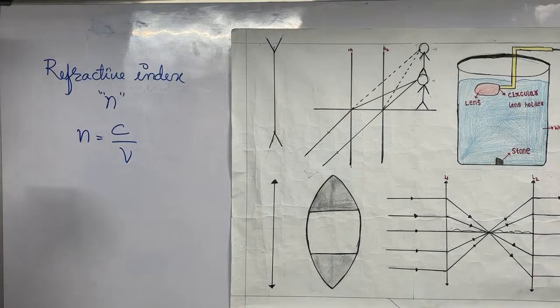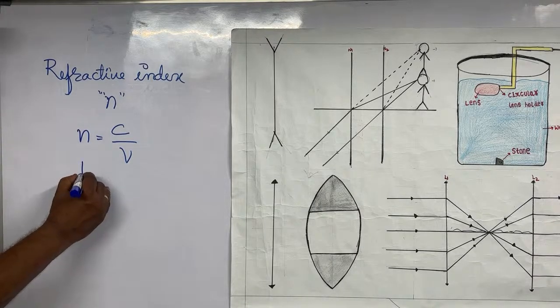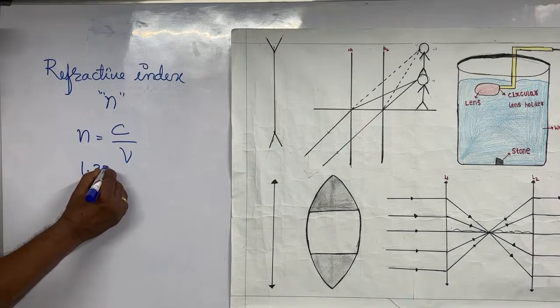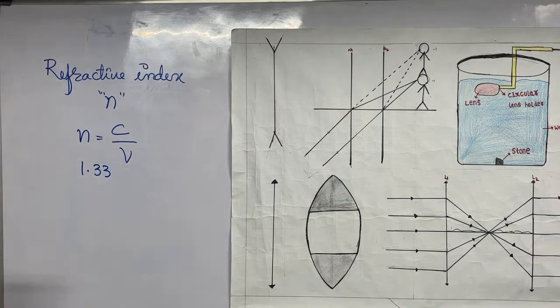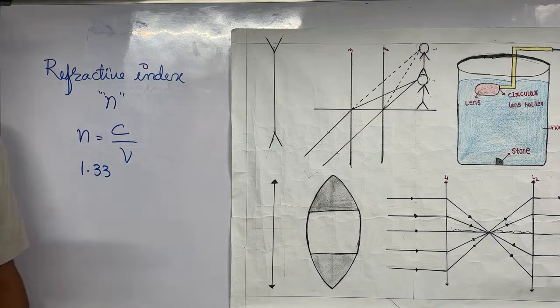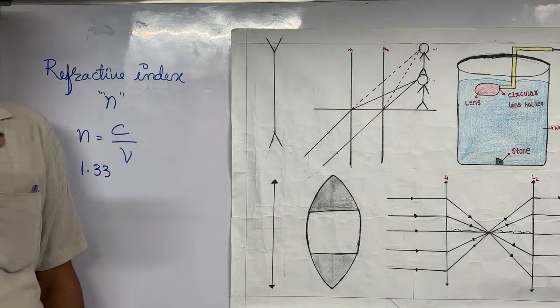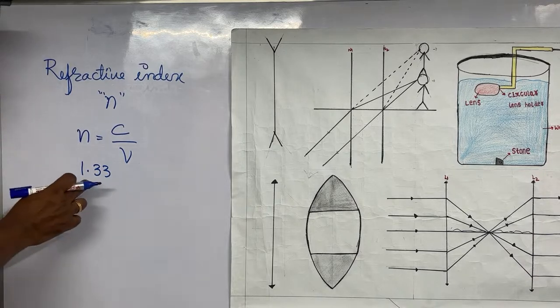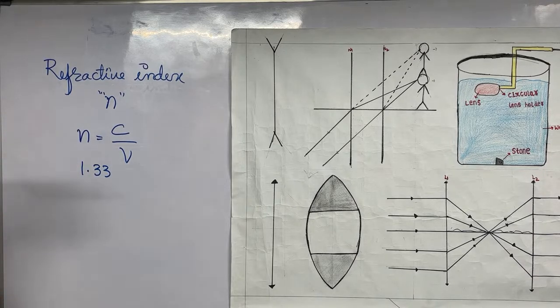For example, the refractive index of water is 1.33. That means the refraction taking place in water is 1.33 times greater than in air.